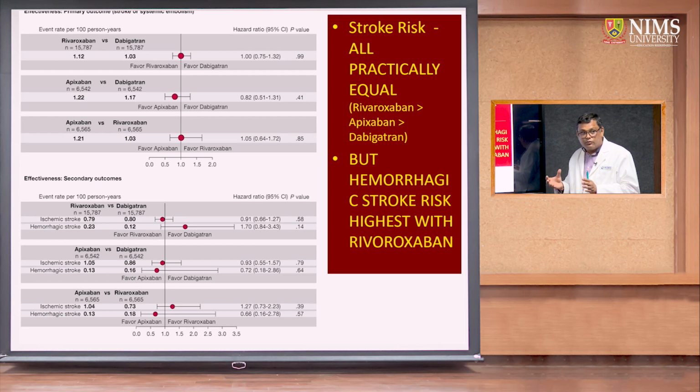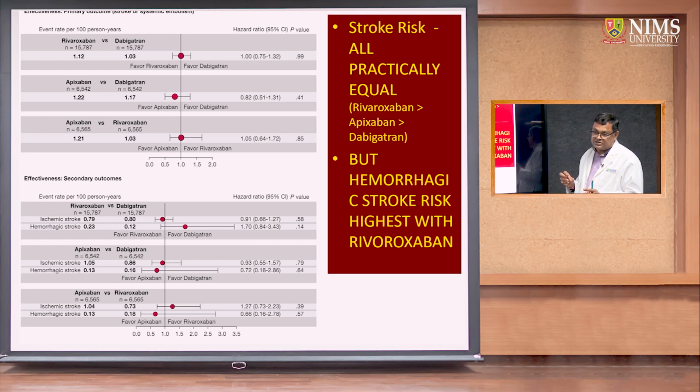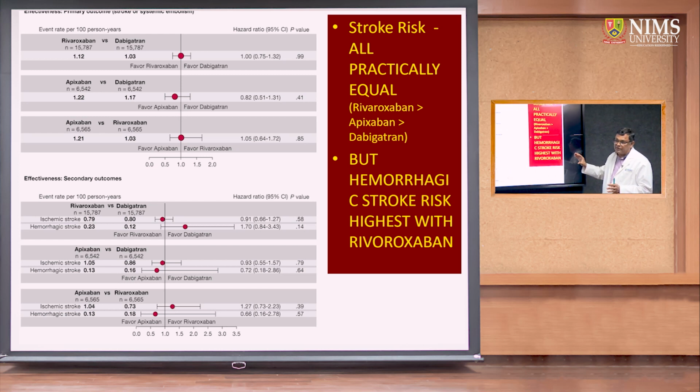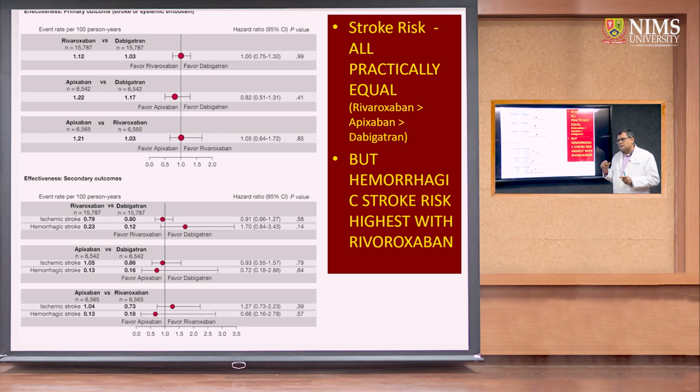So, if you want to use it in a situation where there is a lot of ischemic risk, where there is a risk of arterial thrombosis, then rivaroxaban has the best profile, others will not prevent. But remember that the dose is very low. Normally rivaroxaban dose is what, 15 or 20, but for ischemia the dose is only 5, and that too 2.5 BD.